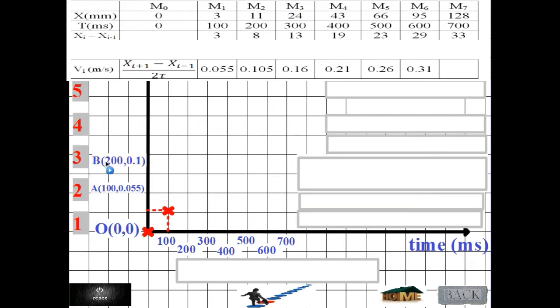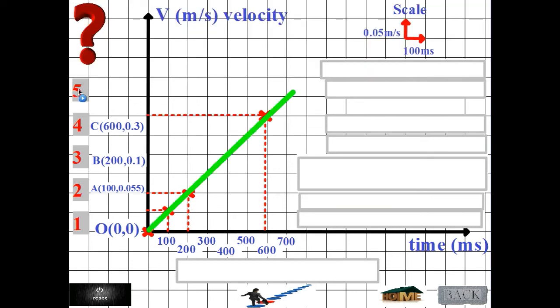Next, at 200 millisecond, our value was 0.1 meter per second, and at 600 millisecond, 0.3 meter per second, and I can draw the graph, which is a straight line.